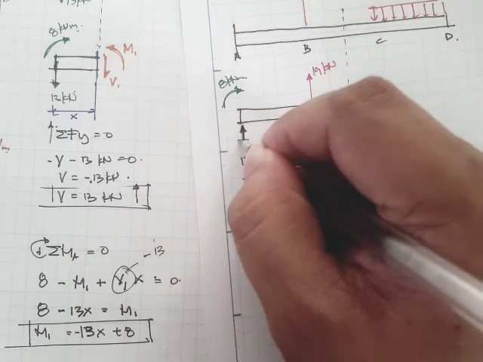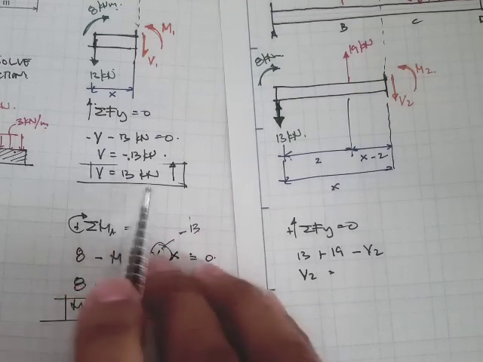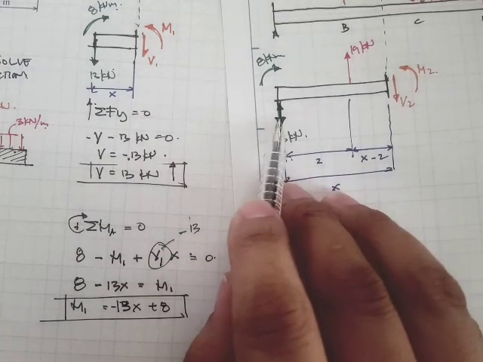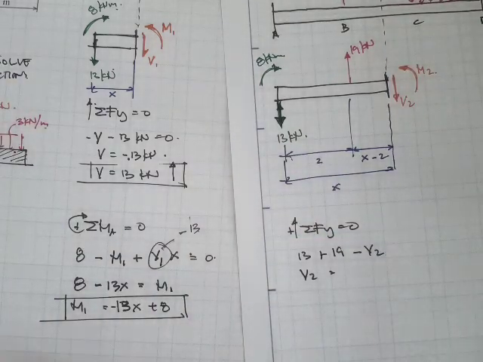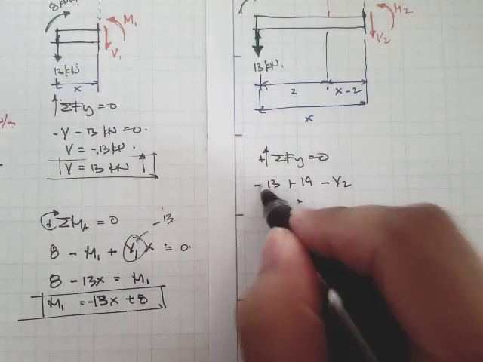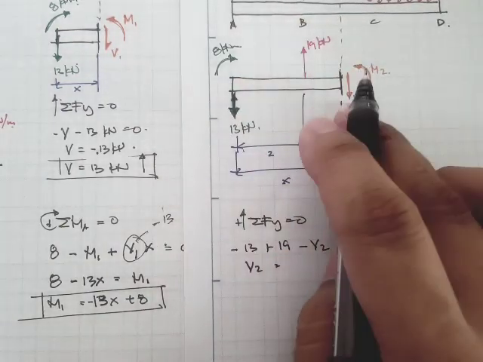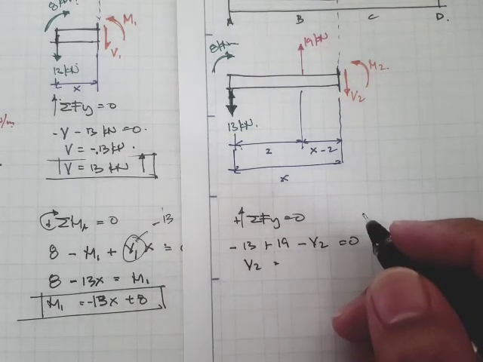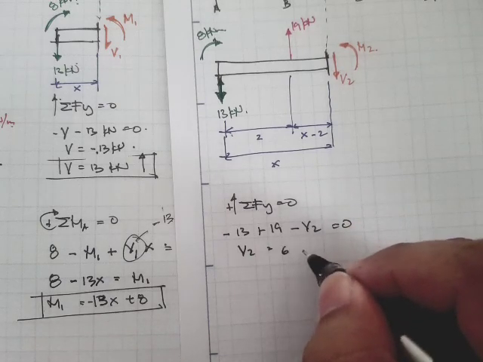I'm sorry about that. The ones that we changed, the direction, is the shear force, but the support reactions should be downward. So if that's the case, this will be negative 13 plus 19 because it's upward, minus V sub 2 is equal to 0. Therefore V sub 2 is equal to 6 kilonewtons.